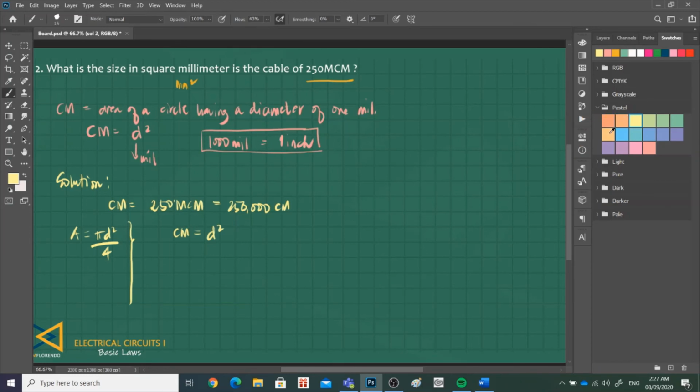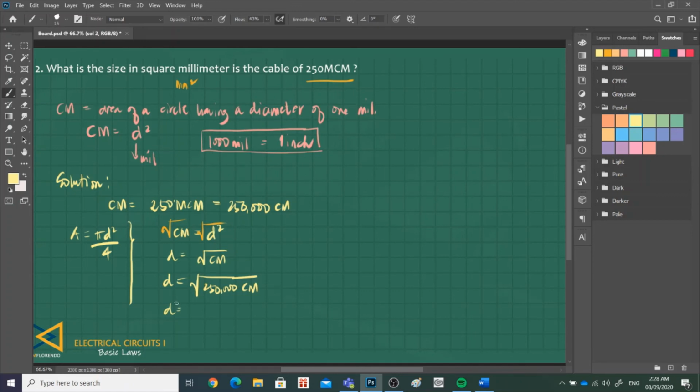So, d is equal to the square root of circular mil, yung 250,000 circular mil. So, d is equal to square root of 250,000.